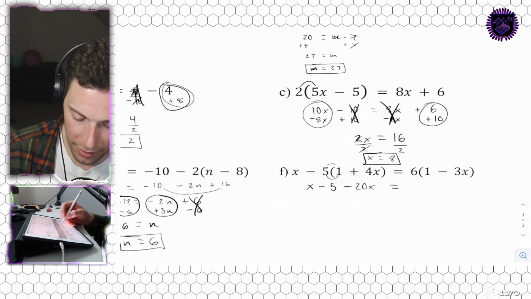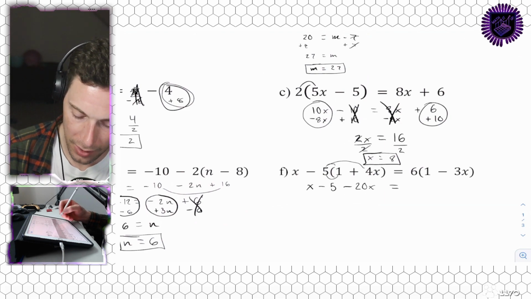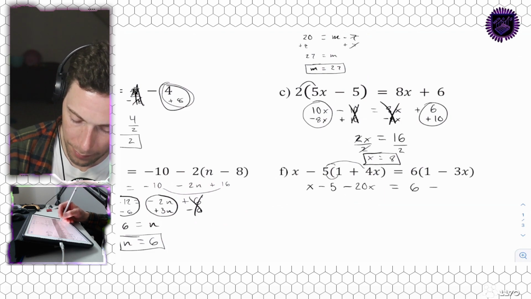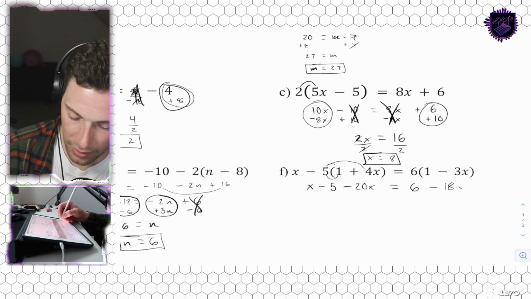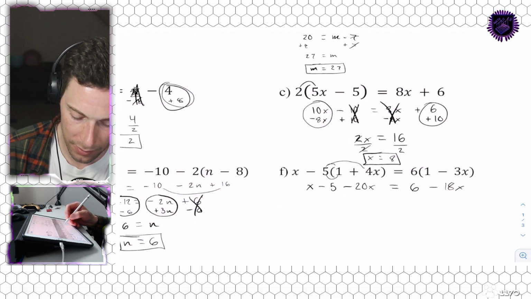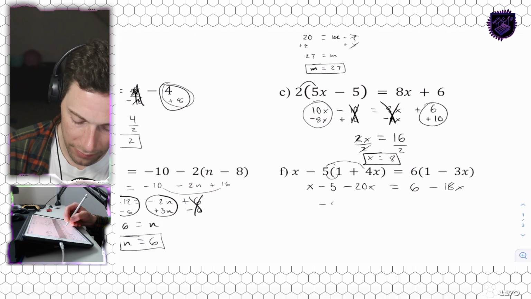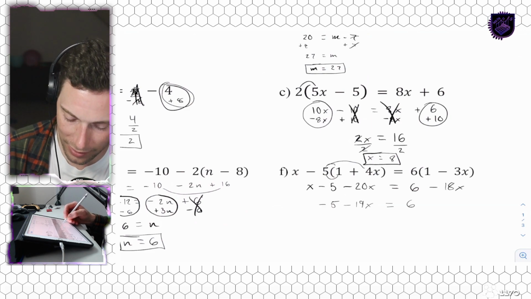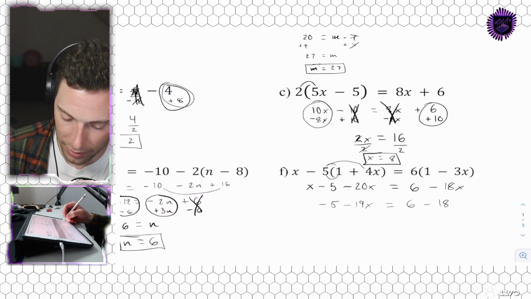So it's negative 5 minus 20 is equal to 6 minus 18x. Combine like terms on this side, so negative 5 minus 19x is equal to 6 minus 18x.